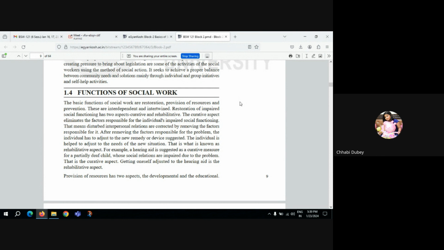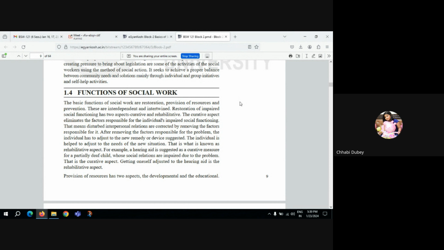For example, say a person is faced with the problem of drug addiction. Now, the curative aspect would be to cure this dependency of the person on a particular drug or substance.